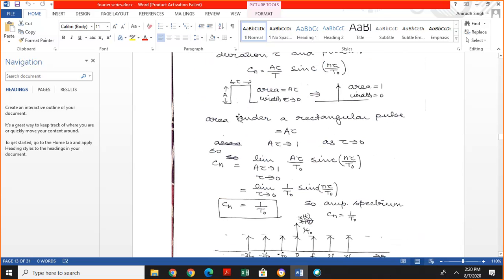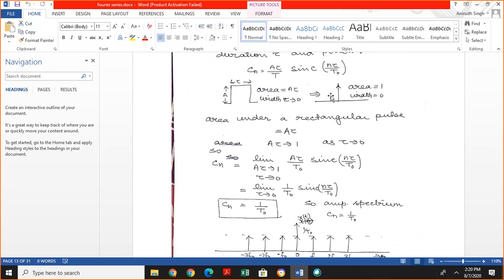Then the area of this rectangular pulse is A tau, A multiplied by tau, and the width is tau. If this width approaches 0, this rectangular wave converts into an impulse signal. We know that the area of an impulse function is always 1.